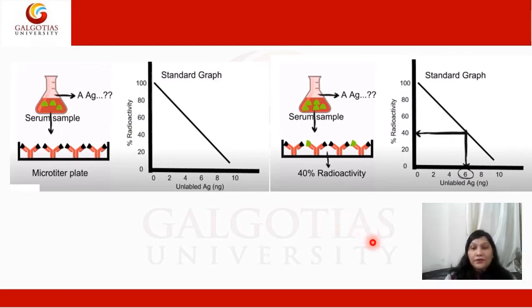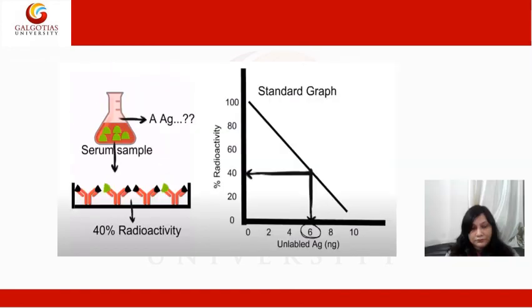Now, by using this standard graph, you can easily find out that the radioactivity decreases to 40% when the concentration of A antigen is 6 nanogram per ml.